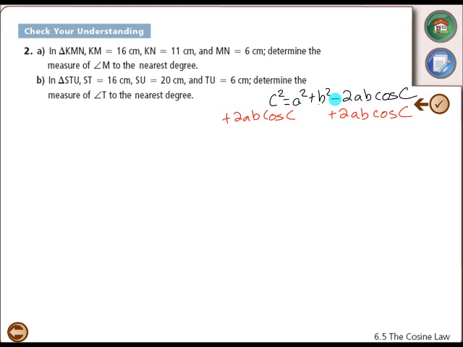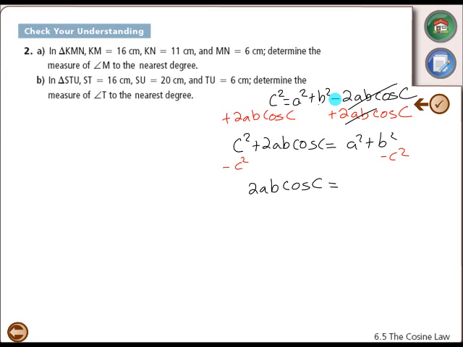So now I'm sitting with c squared plus 2ab cos of c equals a squared plus b squared. These ones canceled off there. And let's get the c squared over to the other side now. So we're going to subtract c squared, gives us 2ab cos of c equals a squared plus b squared minus c squared.